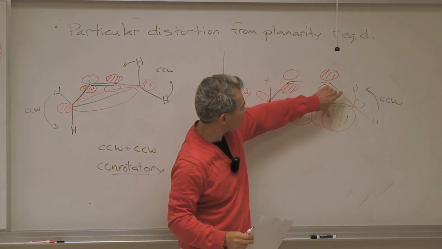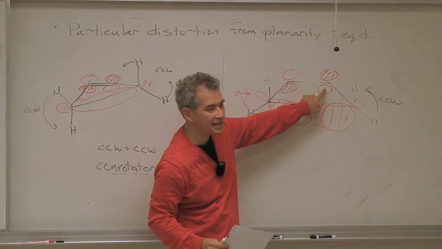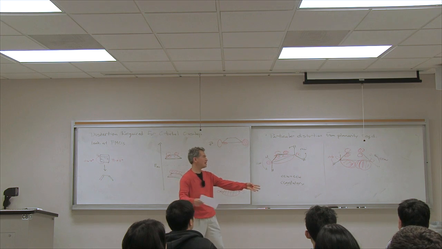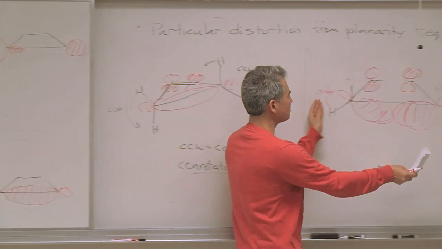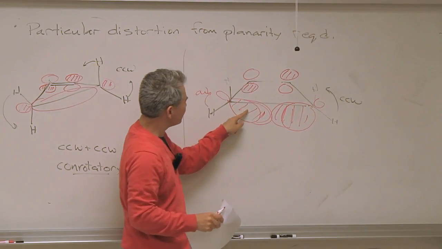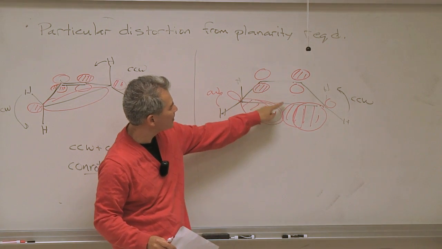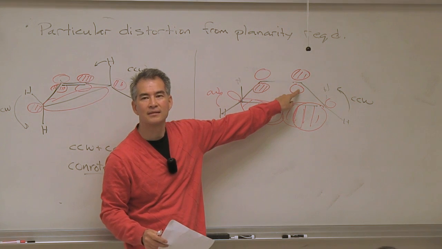As I distort this counterclockwise, this now will overlap with the unhashed region. There's no possible way that this phasing can work out. If I distort both of these downward like this, this part of the bonding, the sigma bonding orbital, will overlap effectively, but this part will not.